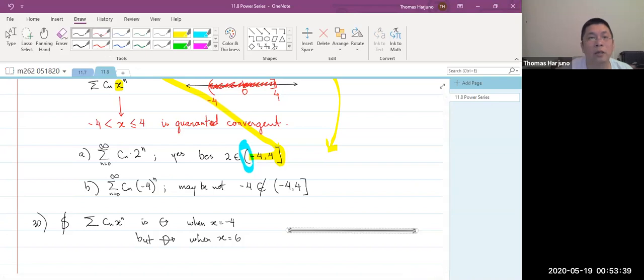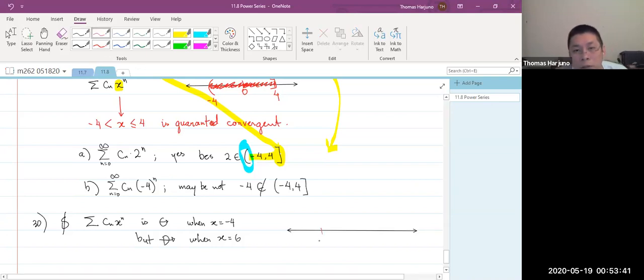At -4, it's convergent. At 6, it's divergent. This is convergent here, this is divergent here. So we are guaranteed that it will be convergent between -4 and 4.